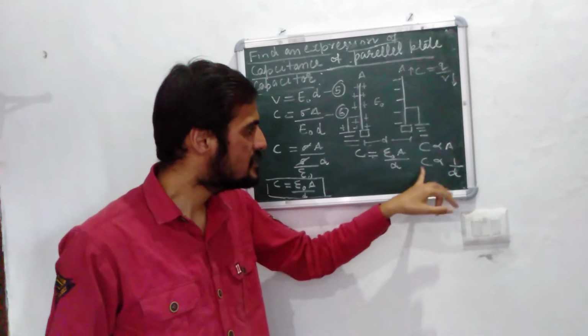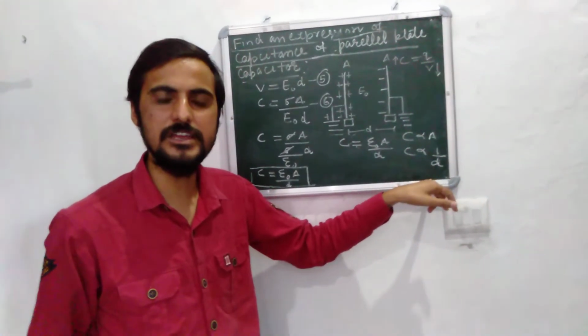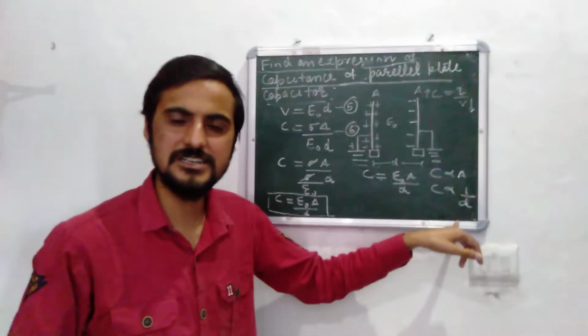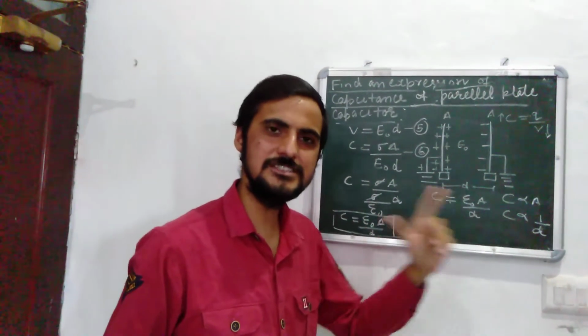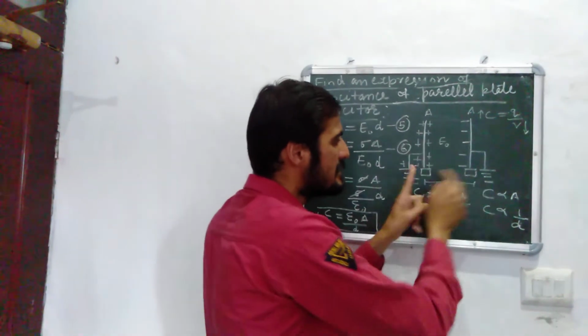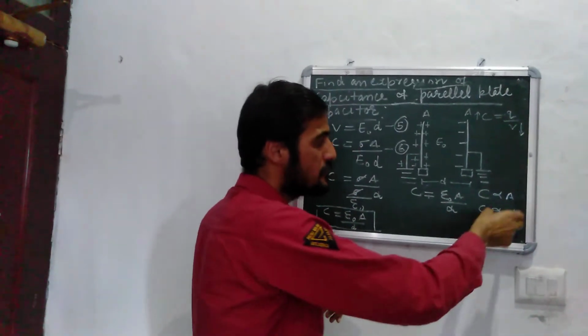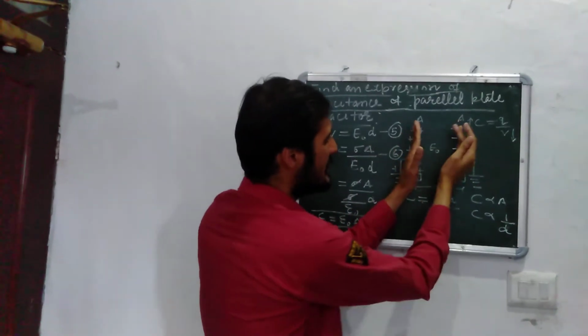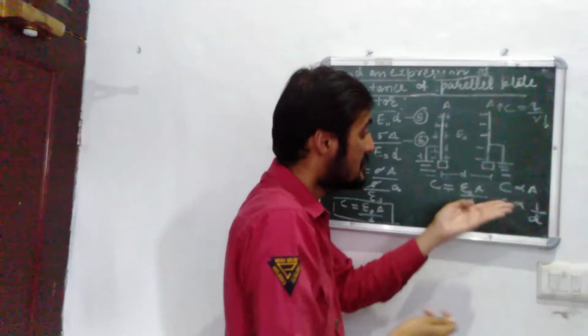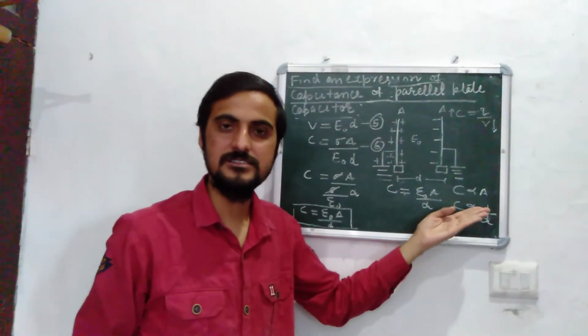On the other hand, C is proportional to 1 upon d: if the distance between the plates is large, capacitance is small. If the area of the plates is large, its capacitance is large.